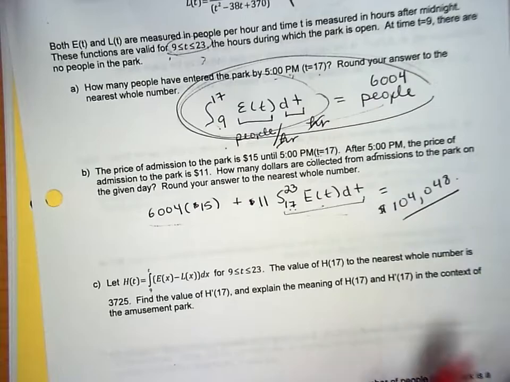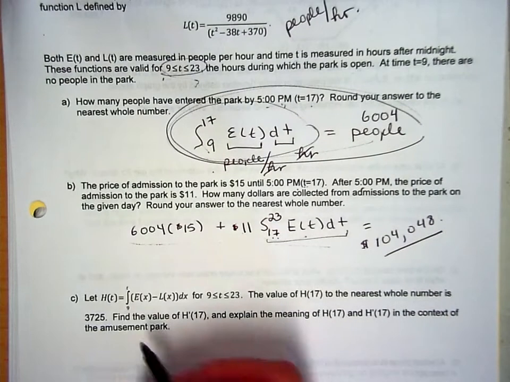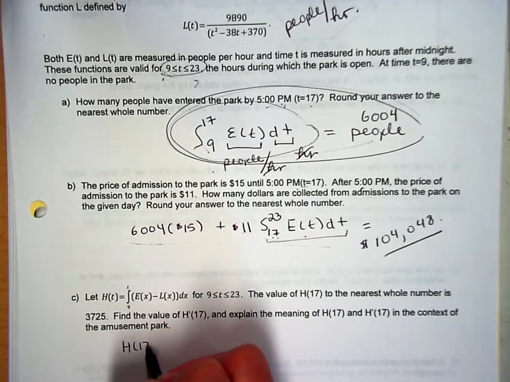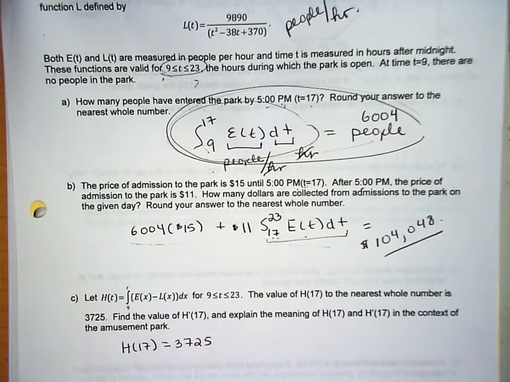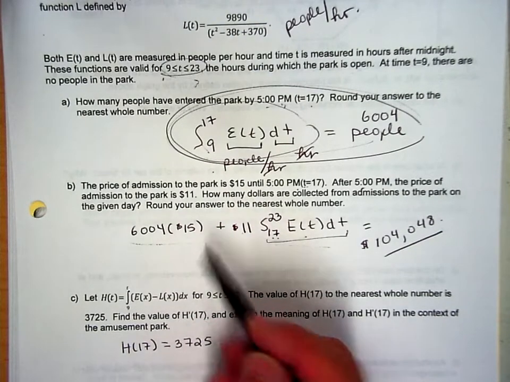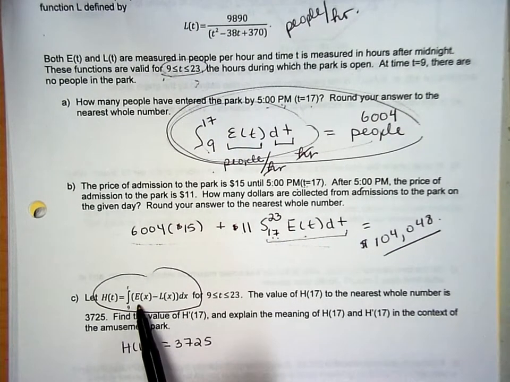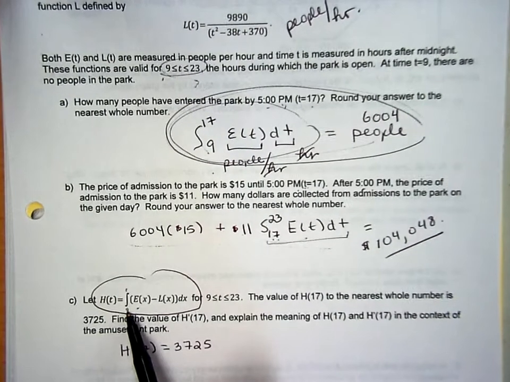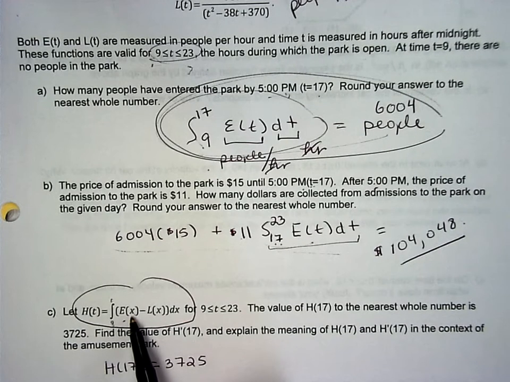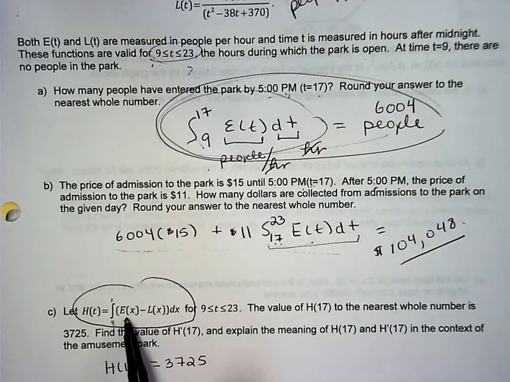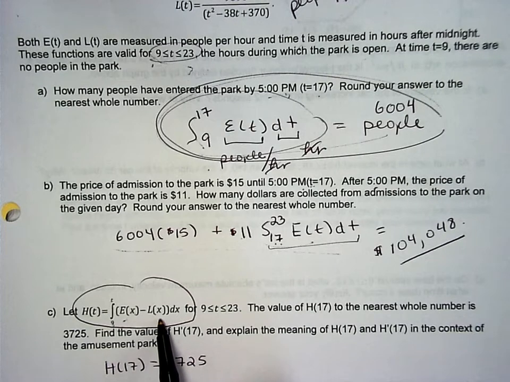Okay, next. They're telling me that H of 17 is 3,725 people. Look at what H of 17 is. They've defined H of 17 as the integral of the rate at which people are entering the park minus the rate at which people are leaving the park.